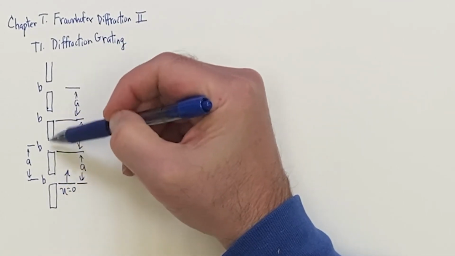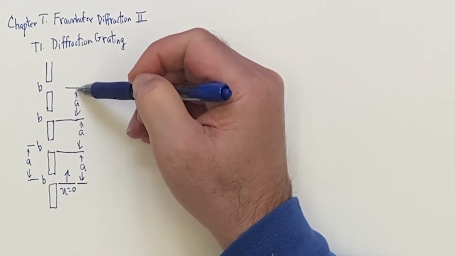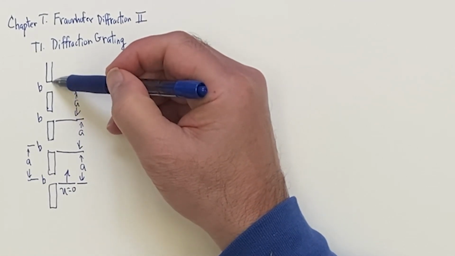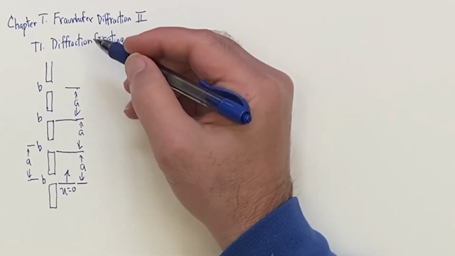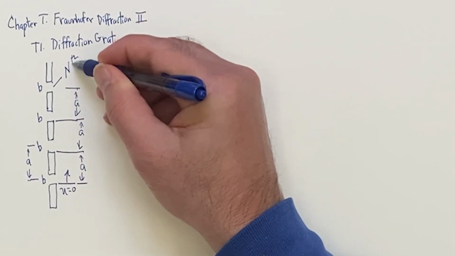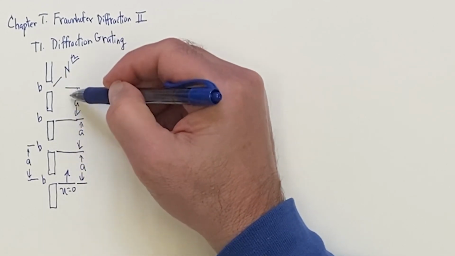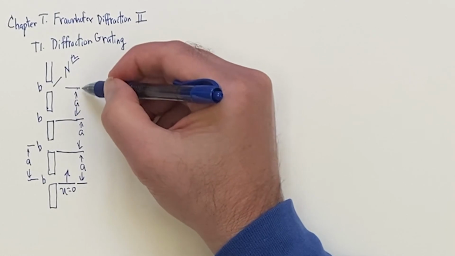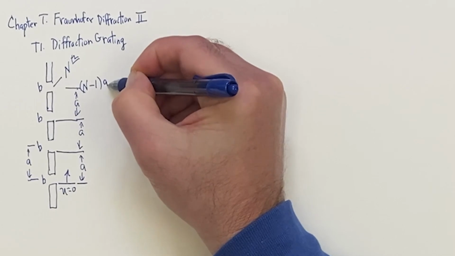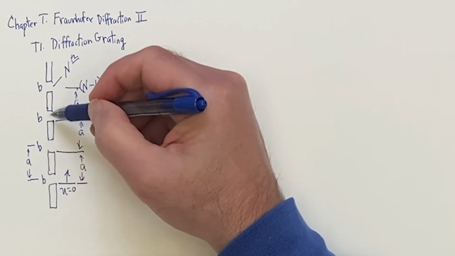So if I have 1, 2, 3, 4 slits, notice I only have 1, 2, 3 A's, because I'm going to integrate that last one from 3A to 3A plus B. So in that sense, we could say that if that's the nth slit, like that's the 4th one, then 1, 2, 3, to get to this point is n minus 1 times A. So there's 3 A's to get there, but there's 1, 2, 3, 4 slits.